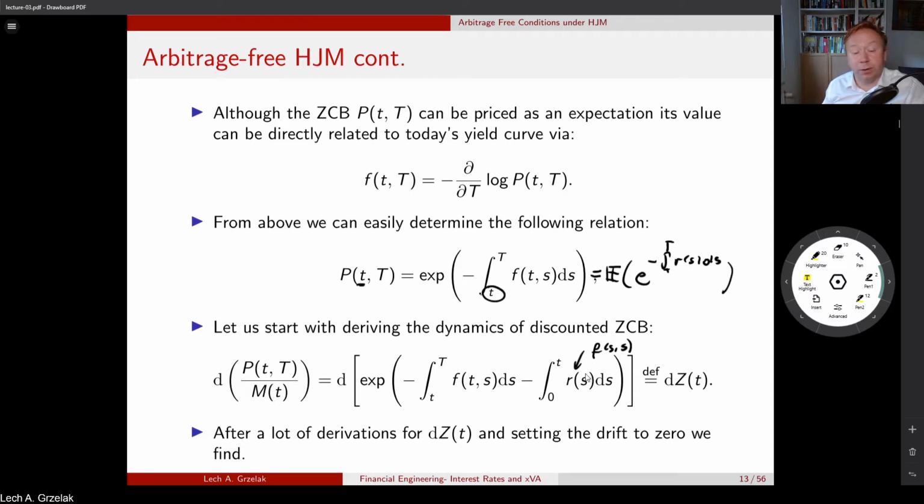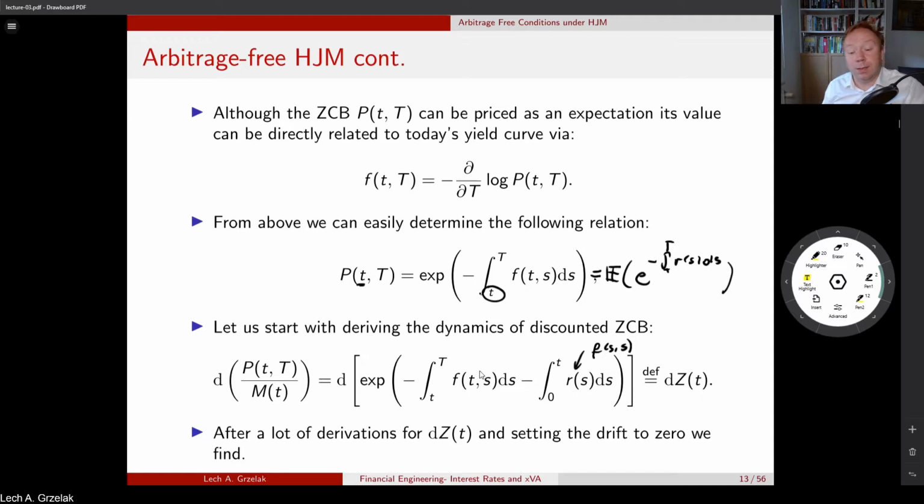It's an exponent, and then we have a function of instantaneous forward rates. And also we have two different integrals. The one integral corresponds to the zero coupon bond P(t,T). And then we have also the money savings account, M(t), which is the integral from 0 to t of r(s). So this is slightly more advanced than what we have seen so far.